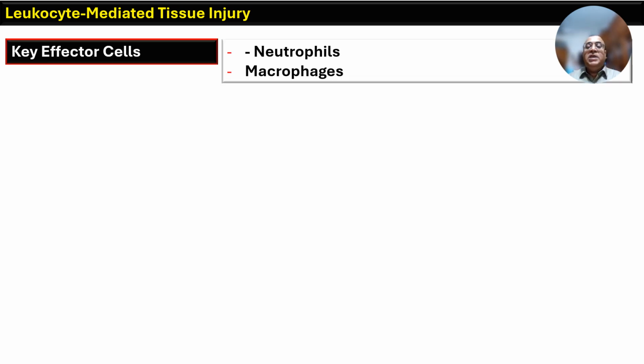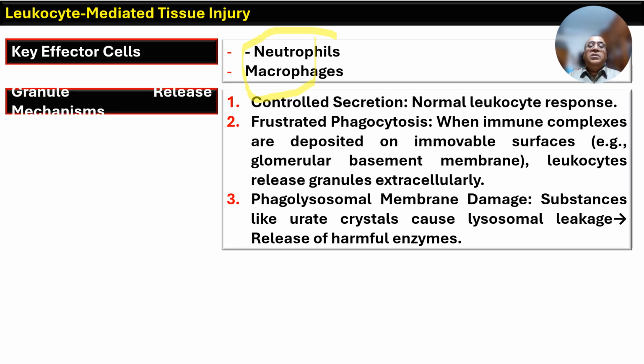Key effector cells that induce damage of the tissue in acute inflammation are the phagocytic cells of acute inflammation. These are neutrophils and macrophages. There is a granule release mechanism.